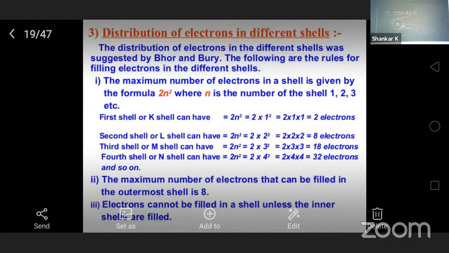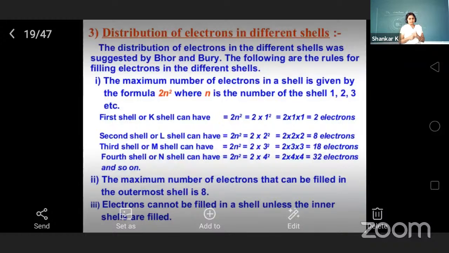In the last lesson, we discussed the atomic number, atomic mass and valency. Now, how do we distribute the electrons in different ways? All the elements have different atomic numbers: hydrogen has atomic number 1, helium has 2, lithium has 3.